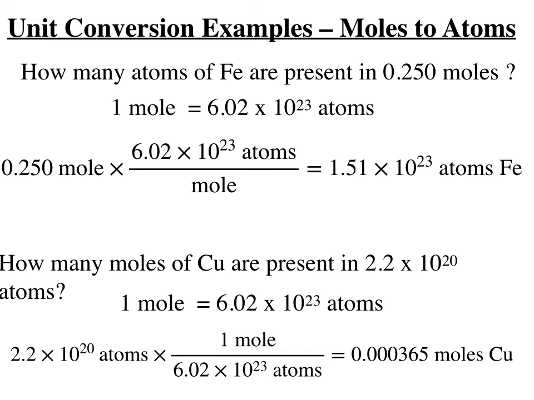So since dimensionally the units line up properly, I know that correctly I should take 2.2 times 10 to the 20, multiply by 1, and divide by 6.02 times 10 to the 23rd to get an answer of 0.000365 mole of copper present in that many atoms of copper.